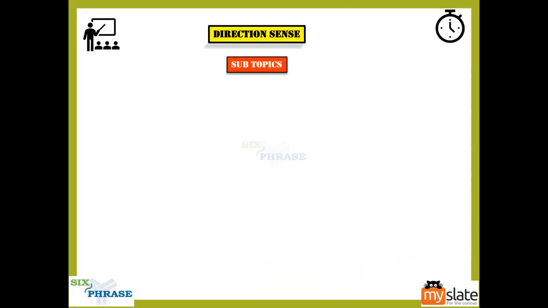Some of the things that you'll be learning in Direction Sense. Look at what the different directions are. Make sure that you have a thorough idea of which direction is positioned where, and the next thing will be movement and angles. You will have to know how to move, and your movement and angles depend upon the direction in which you are facing.